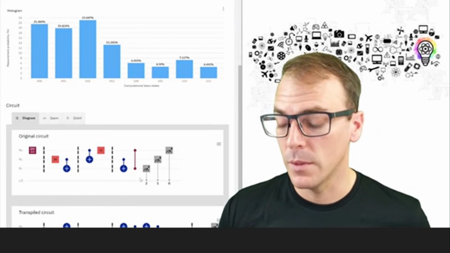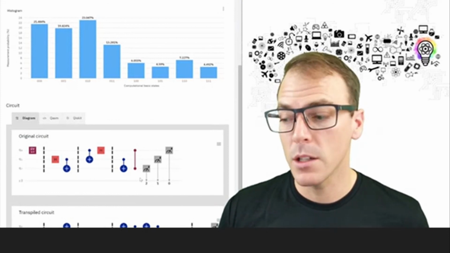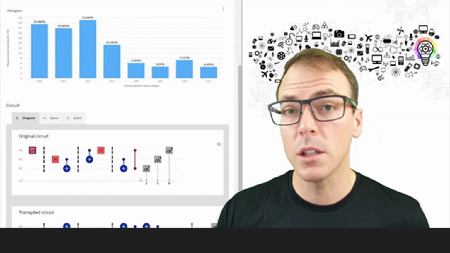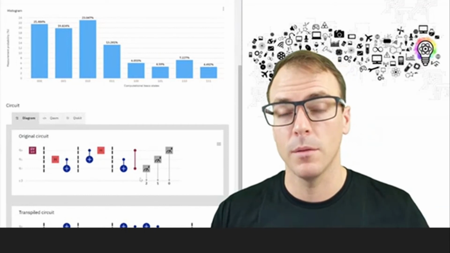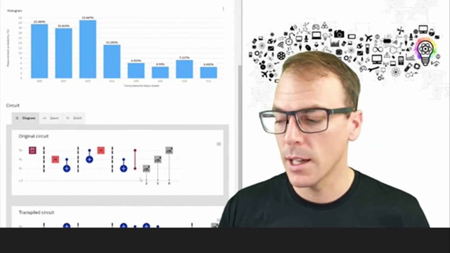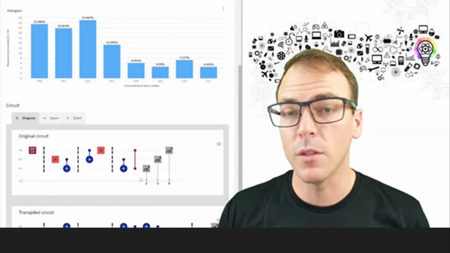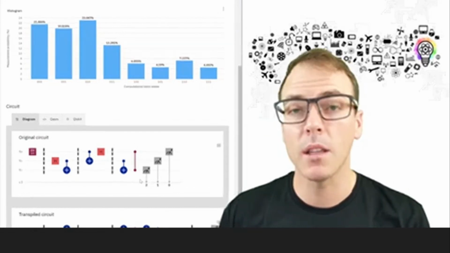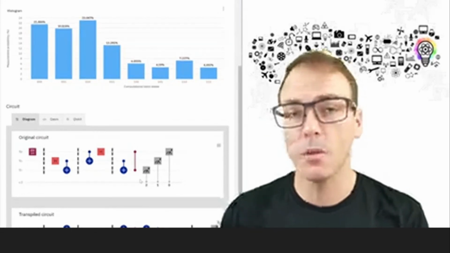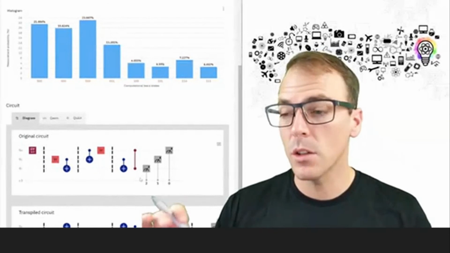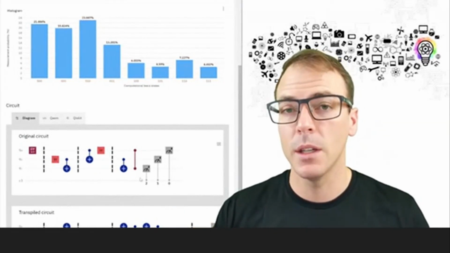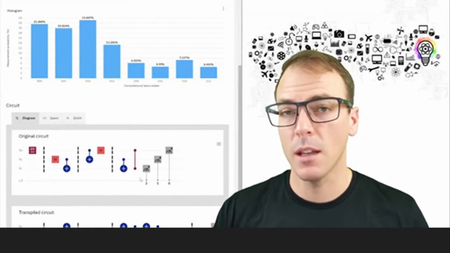Imagine there are 1024 different devices, and I apply this circuit to each of them. Each of those devices should be described by the same state.